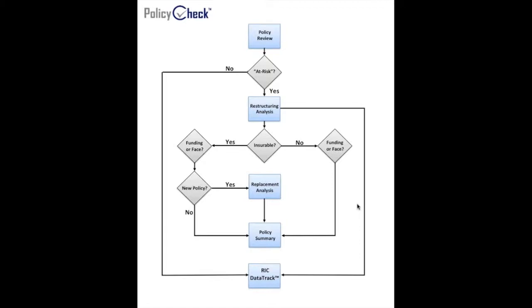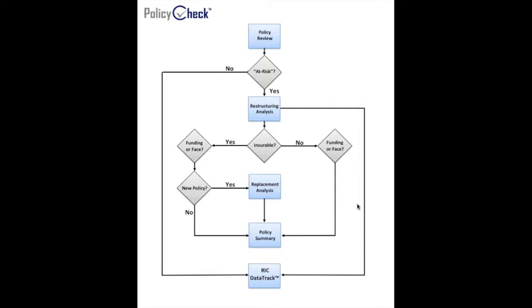underwriting process. So obviously, on the left here, after we've determined we're going towards this direction and making the determination on funding or face for the new policy, that would require a restructuring analysis overview, and by contract, we're requiring that the trustee complete that within 90 days of the life track, the beginning policy review.